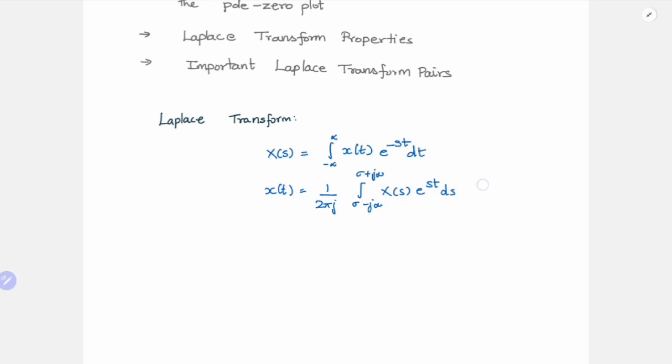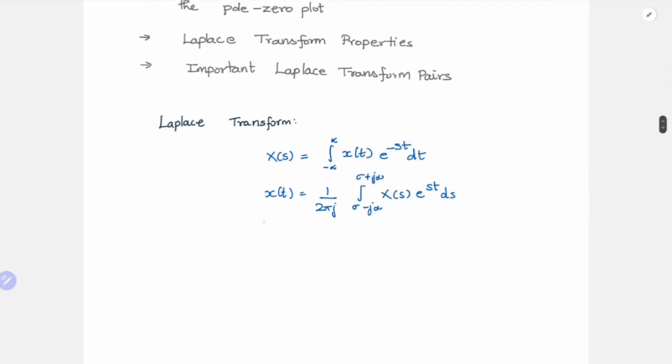In both these equations we said that we will not be using this equation anywhere. We'll be only dealing with this equation, and if we want to find the inverse Laplace transform, we'll just use the partial fractions and try to relate between x of s and x of t.